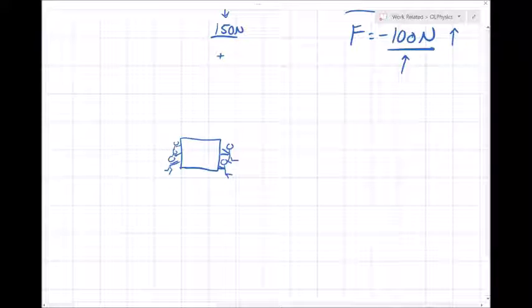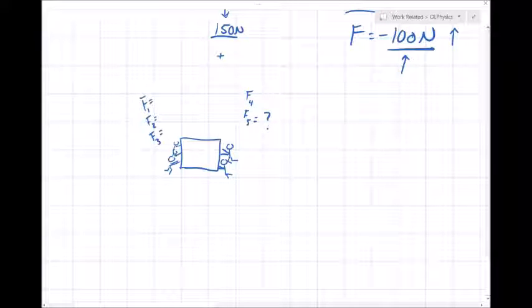So we have 3 people on this side. We have F1, F2, and F3. It doesn't particularly matter which force corresponds to which person. On this side, we have F4 and F5. And we're going to say F5 is a mystery.